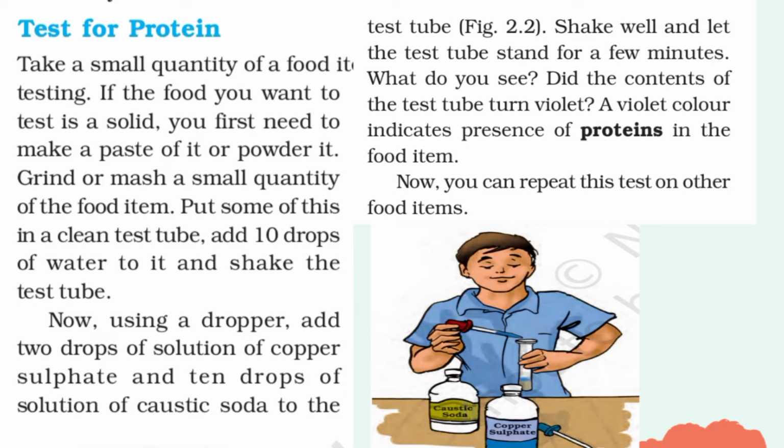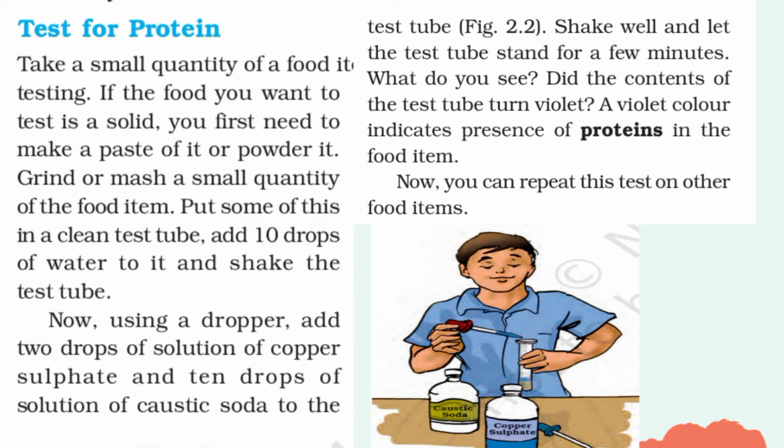Take a small quantity of food for testing. If the food you want to test is a solid, you first need to make a paste of it or powder it. If you are taking dal, you have to grind it and make it into a paste. Grind or mash a small quantity of the food item.